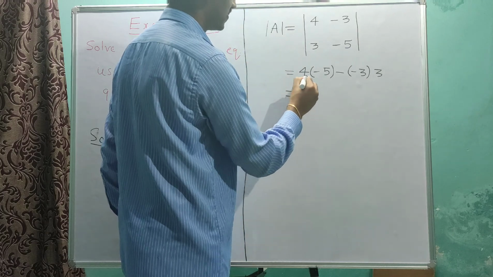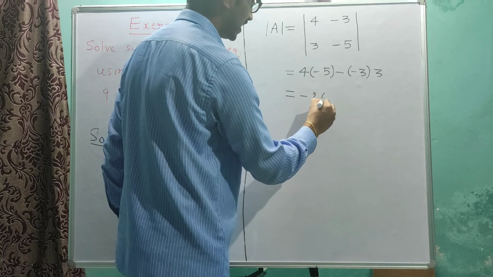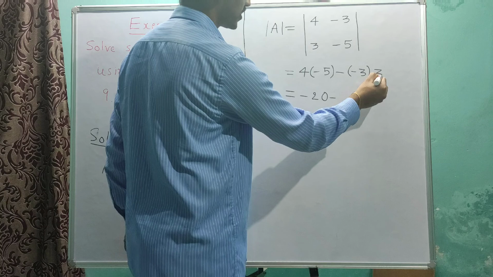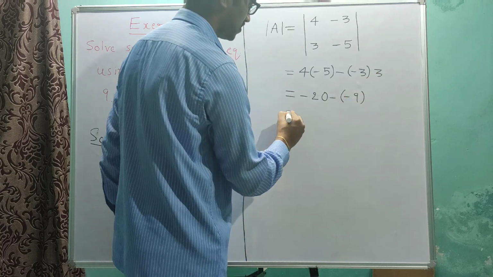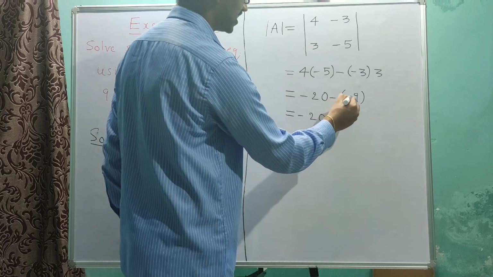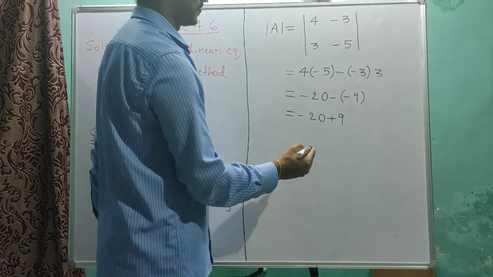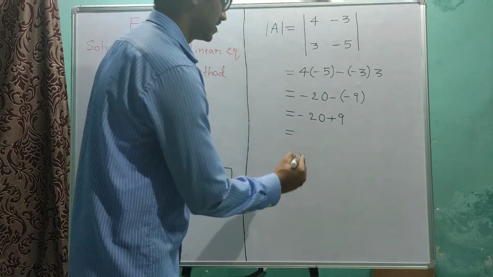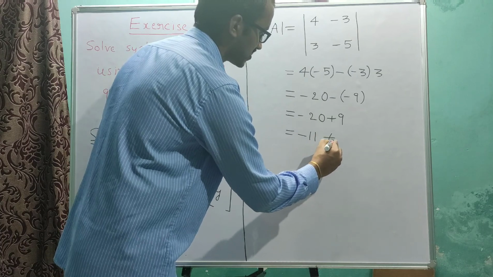On simplifying, 4 into minus 5 becomes minus 20, and minus 3 into 3 becomes minus 9. So that is equal to minus 20, minus into minus plus, 9. So minus 20 plus 9, that is minus 11, which is not equal to 0.